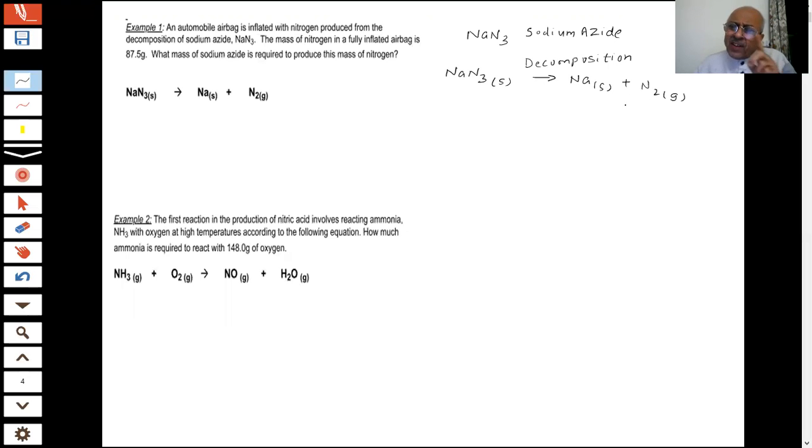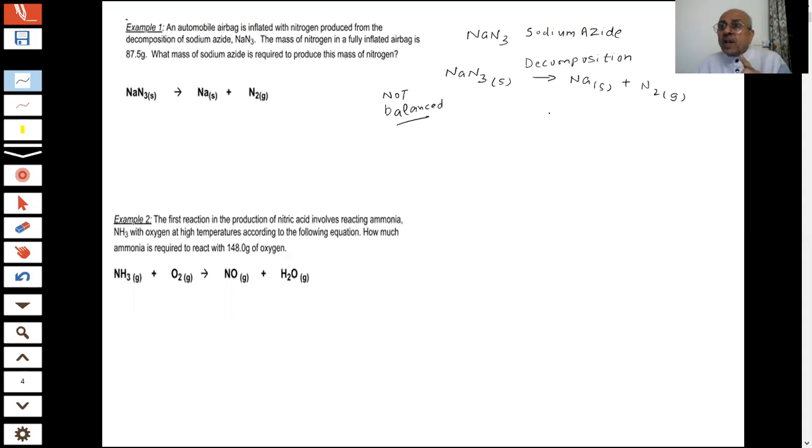But is this reaction balanced, students? Tell me, is it balanced? No, it's not. One sodium, three nitrogen, two nitrogen. It is not balanced. And we told you the law of conservation of mass, which says a reaction must be balanced.